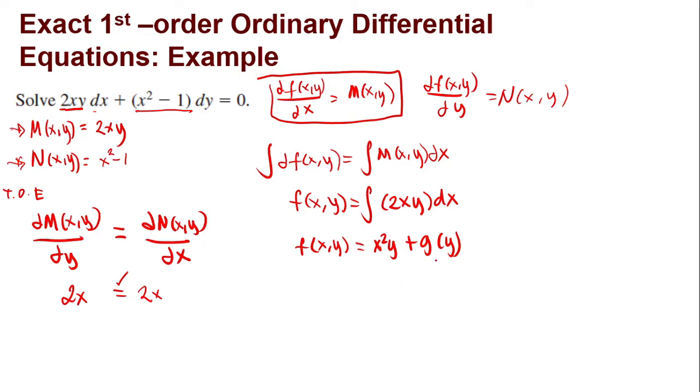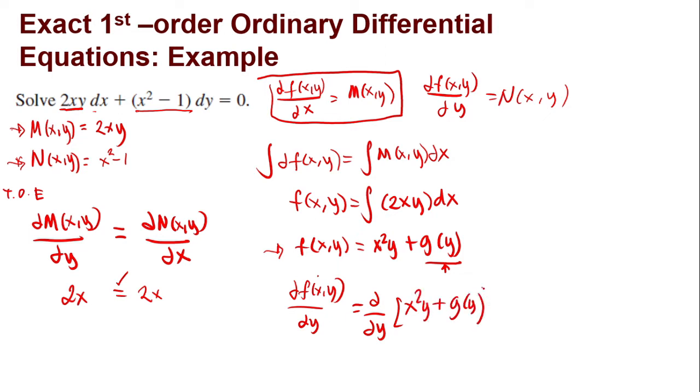Now, to get the value of g of y, we take the partial derivative of this whole equation with respect to y. The partial derivative of f(x,y) with respect to y is the partial derivative of x squared y plus g of y with respect to y.